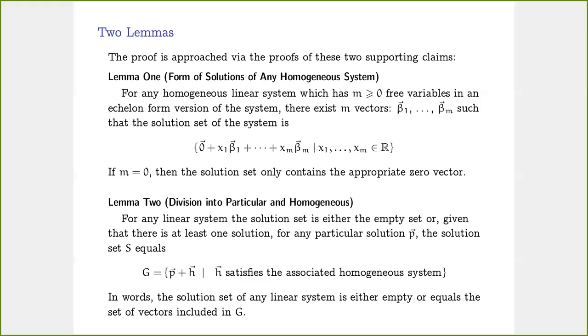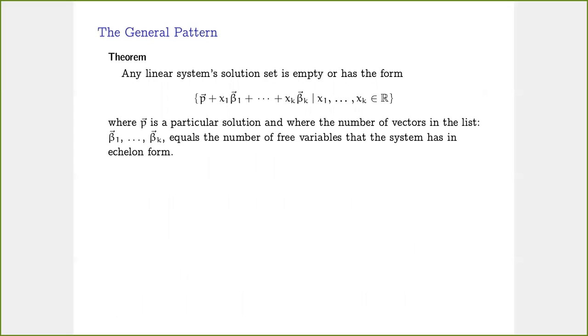In words, the solution set of any linear system is either empty or equals the set of vectors included in the general pattern. Any linear system solution set is empty or has this form. A particular solution plus a linear combination of vectors, one for each free variable, composed of a free variable times that vector.